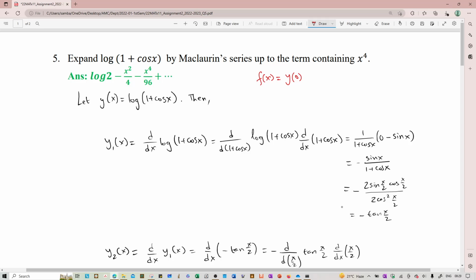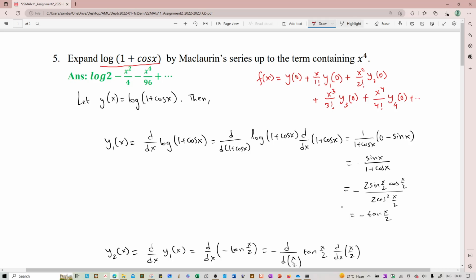And y is basically log of 1 plus cos x, or whatever the given function is, and that should be added with x divided by 1 factorial times the first derivative of y at 0, plus x squared divided by 2 factorial multiplied by y2 0. y2 0 is the value of the second derivative of y at 0, and then plus x cubed by 3 factorial times y3 0. y3 0 is again the value of the third derivative of y at x equal to 0, plus x to the power 4 by 4 factorial multiplied by y4 0, and y4 0 is again the value of the fourth derivative of y when x is equal to 0, right, and so on.